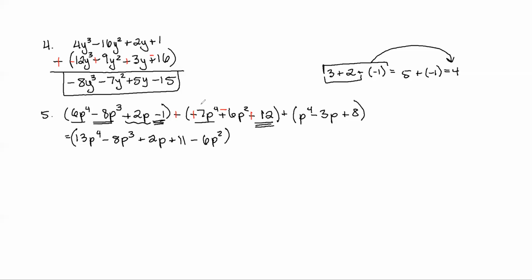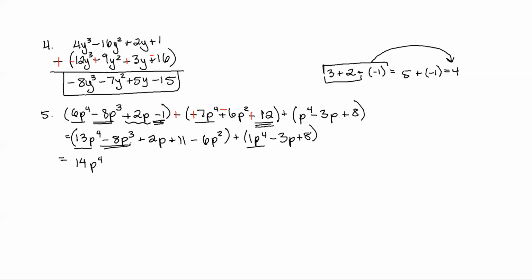We could have combined all 3 of these at once, but now I'm going to add on that last polynomial, p to the 4th minus 3p plus 8. So we have 13p to the 4th plus 1p to the 4th is 14p to the 4th.